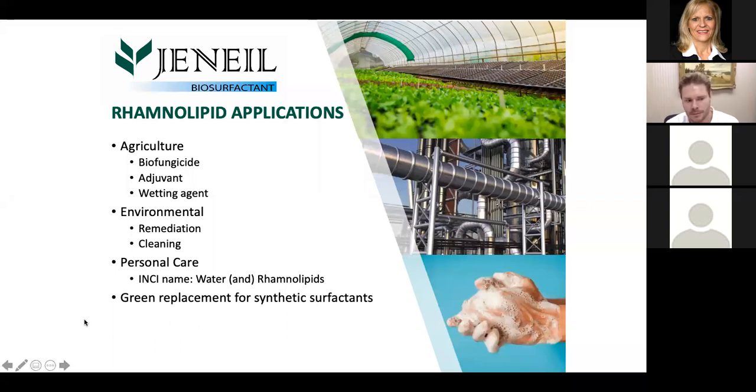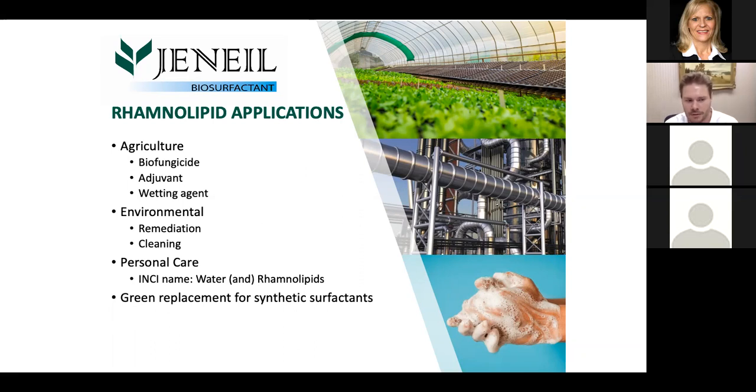Our natural rhamnolipid biosurfactants have a diverse array of applications. As previously mentioned, they are commonly used in agriculture as a biofungicide. They are also applied in agriculture as adjuvants and wetting agents due to their excellent surfactant characteristics and green, eco-friendly technology.